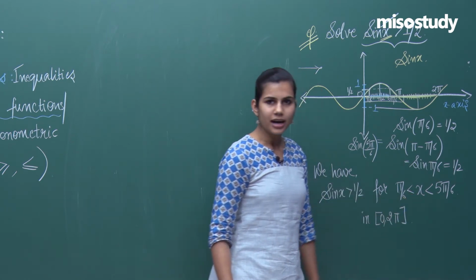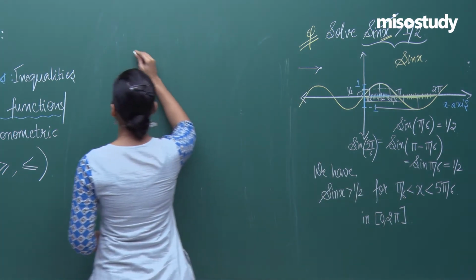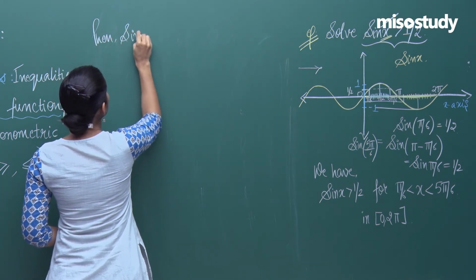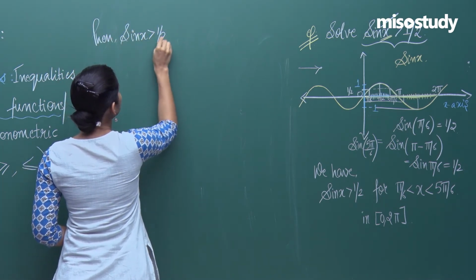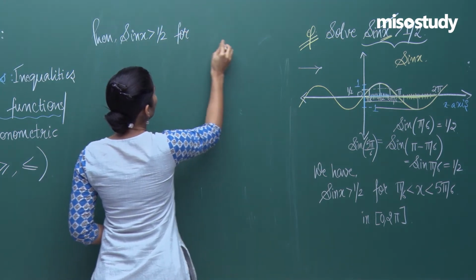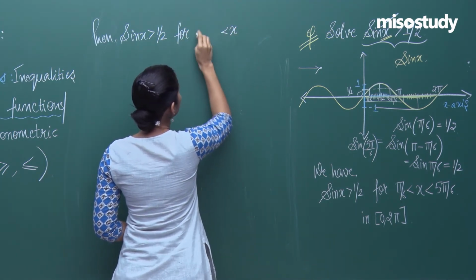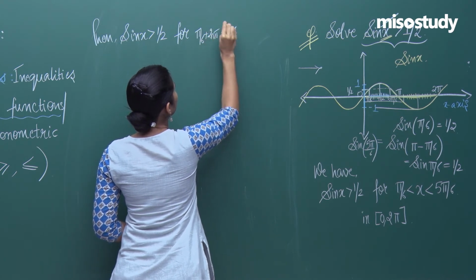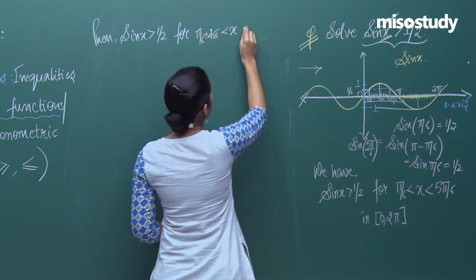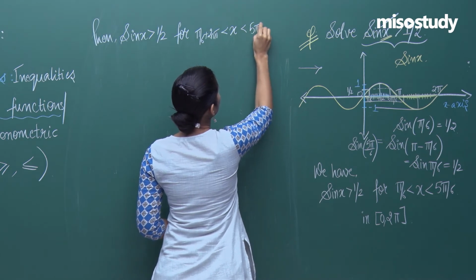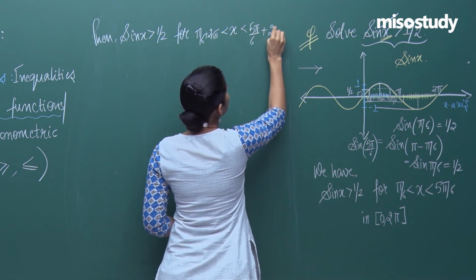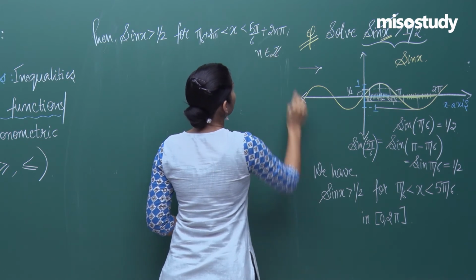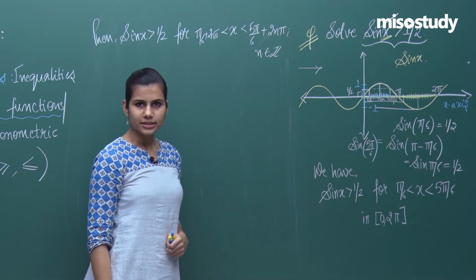So over here I can say, then, sin x is greater than half for x strictly greater than pi by 6 plus 2n pi and strictly less than 5 pi by 6 plus 2n pi, n in the collection of all integers.